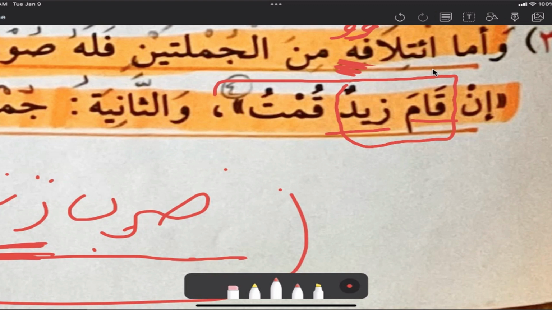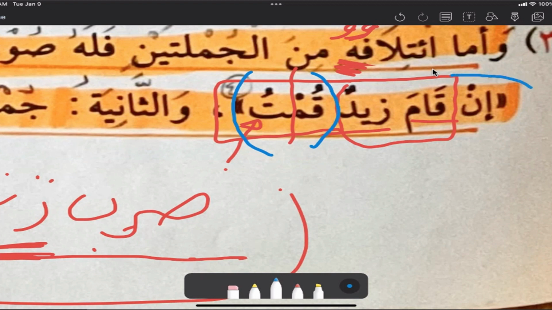And here, qumtu, that's a sentence, because the ta is the doer, I means I, and then qamtu became qumtu because the ta connected. Qumtu, I stood. That's a sentence on its own. Qama Zayd, Zayd stood. Qumtu, I stood. Two sentences.